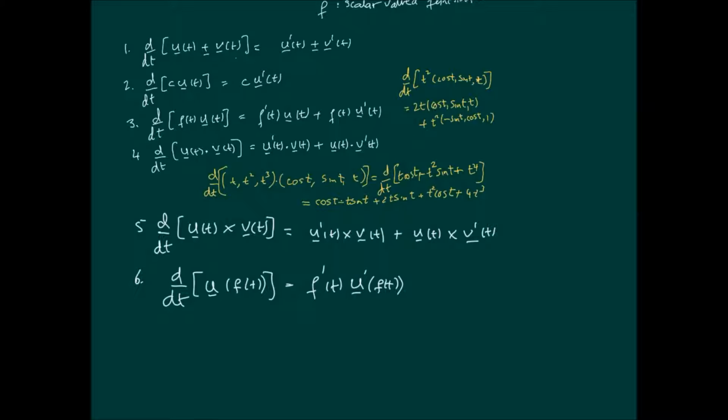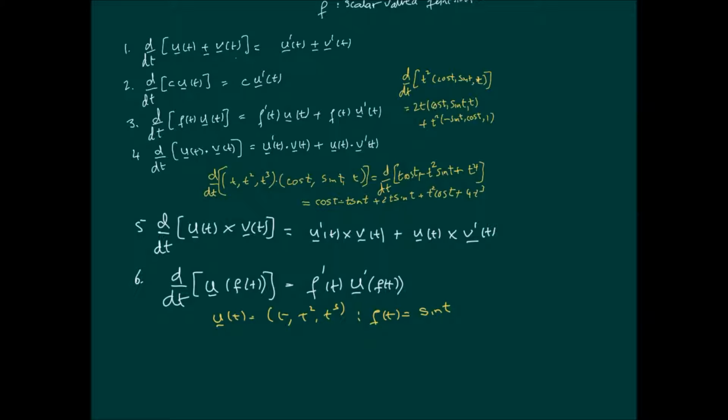Now, practical applications of such properties sometimes are so obvious that you will never see this happen, in fact. So it's very difficult for me to come up with an example of u of f of t, for instance. Say u of t is the function t, t squared and t cubed, and say that f of t here is, for the sake of argument, sine t.